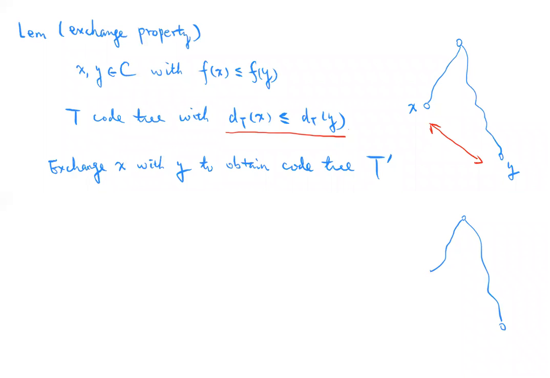Other things we do not change, only x and y. So that's T, then this one is T prime. So what we can say is that the cost of the new code tree is no worse than the cost of the old code tree.